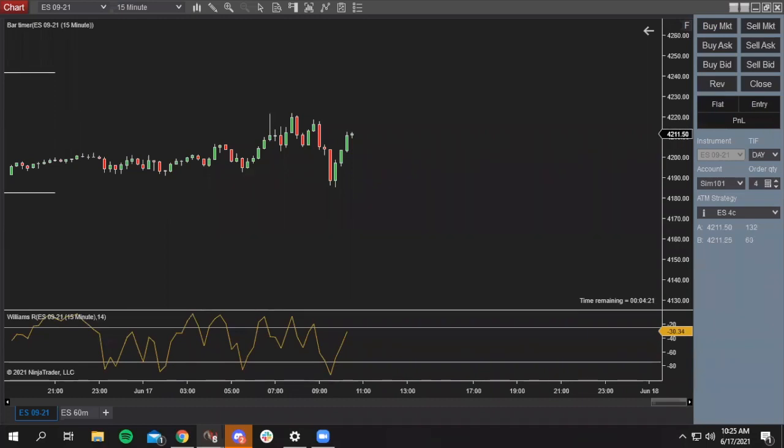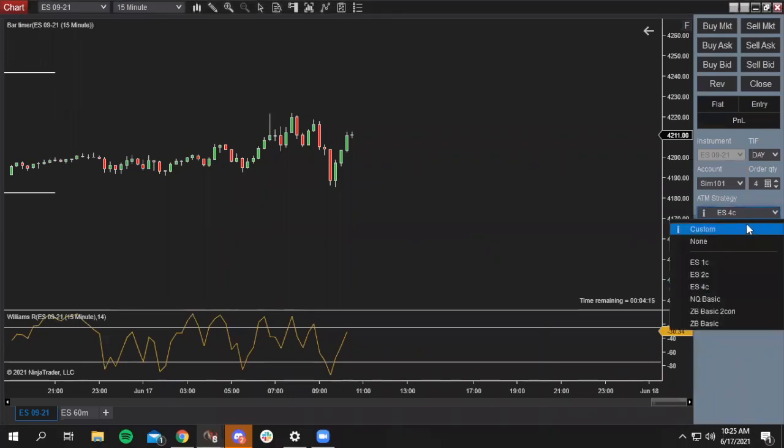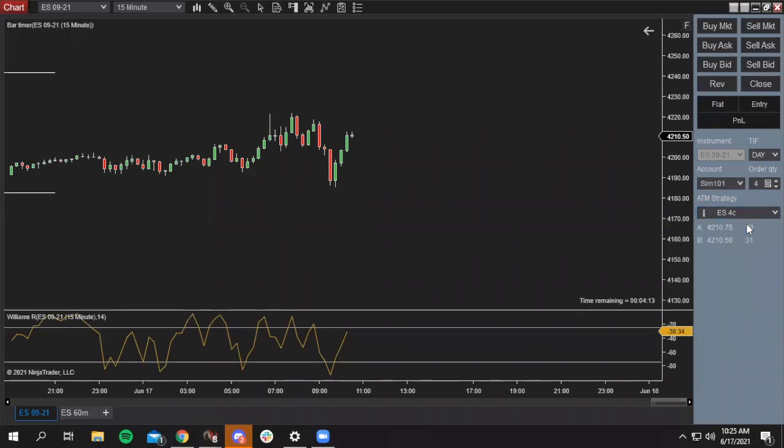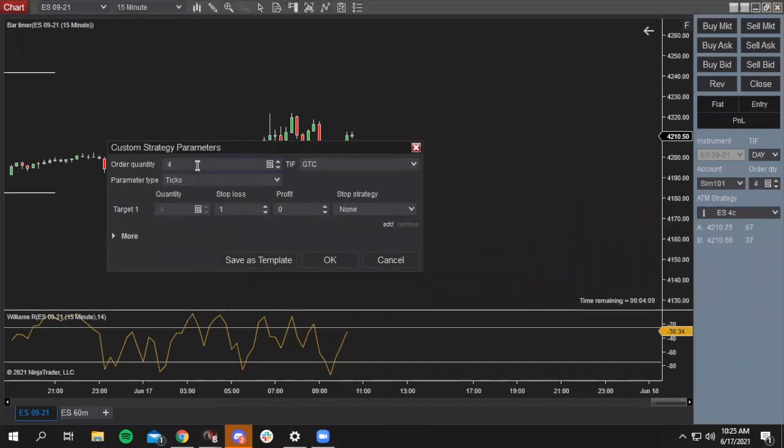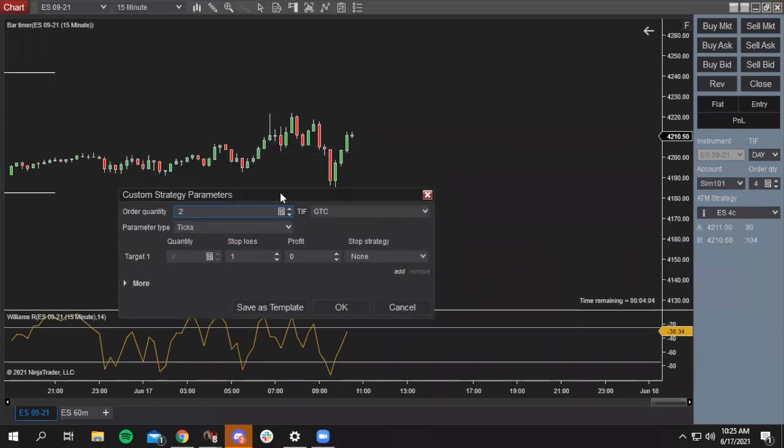I'll show you how to set up a sample ATM. If you go here, you can go to custom. No one's really going to trade 4 contracts all the time, so let's say 2, and maybe in the beginning 1. You set the order quantity, which is your amount of contracts.